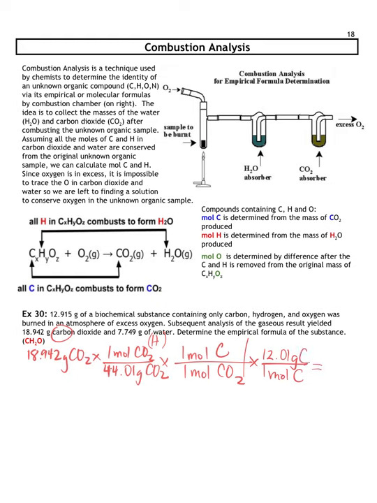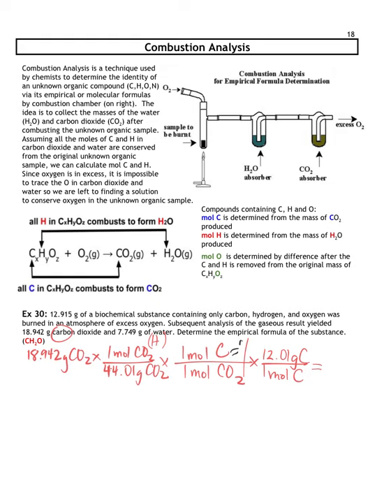Because I'm going to try to find the mass of the oxygen. So I'm going to put the moles in black. So when I multiply and divide, it's 18.942 divided by 44.01.